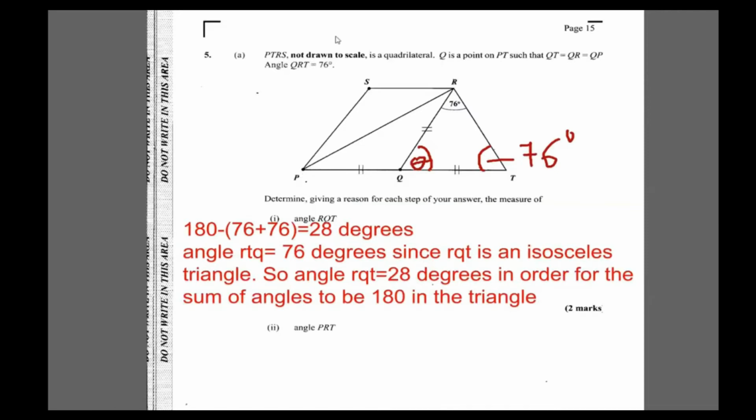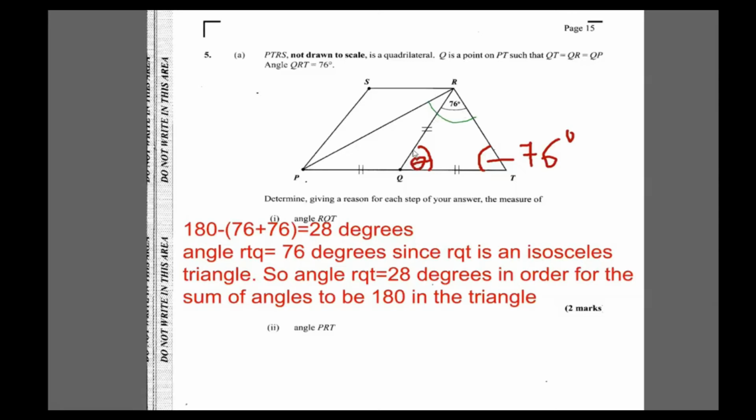PRT. So angle PRT is all of this angle. We need this little piece plus 76 to be PRT. So now let's see how we're going to do that. We know that this is another isosceles triangle.